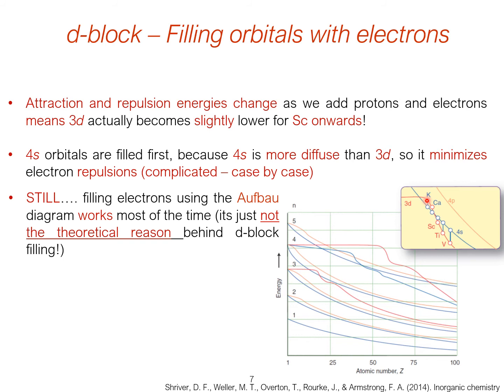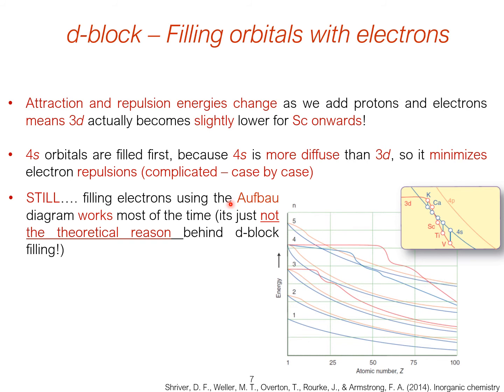The reason for both of these things, so firstly, the reason that 3d becomes lower energy than 4s is because the attraction and repulsion energies change as we're adding protons and electrons. However, just because the 3d is lower in energy, the electrons prefer to first go in the 4s orbital because it's more diffuse, as is written here, and it's in the textbook as well.